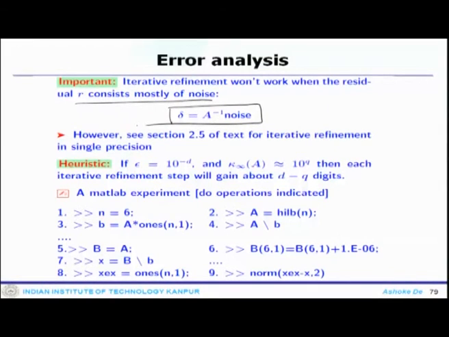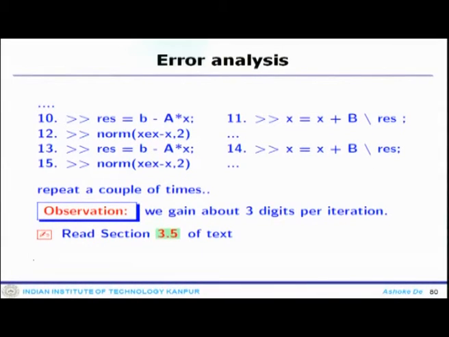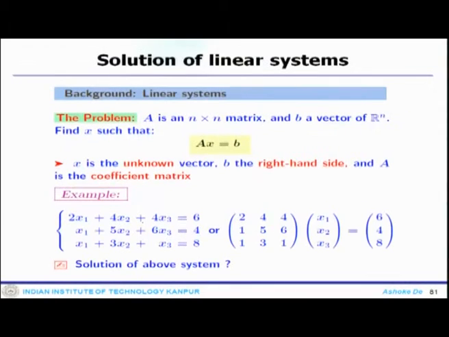However, the heuristic is that epsilon is 10 to the power minus d and with the condition number, the iterative refinement will gain by this many digits. These are the things one can calculate, and these are the observations one can obtain.